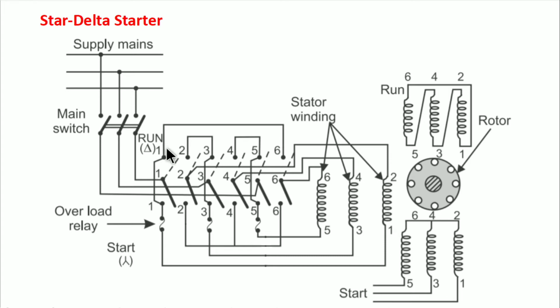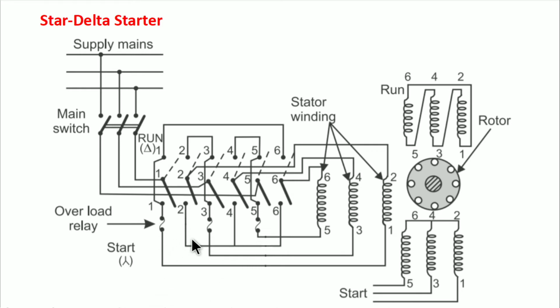And on the top, terminal 1 is connected with 6, 2 with 3, 4 with 5. And on the bottom side, 1 is connected to terminal 1 of the motor, 3 to terminal 3 of the motor, 5 to terminal 5 of the motor, and a thermal overload relay element is inserted in these to provide motor protection.